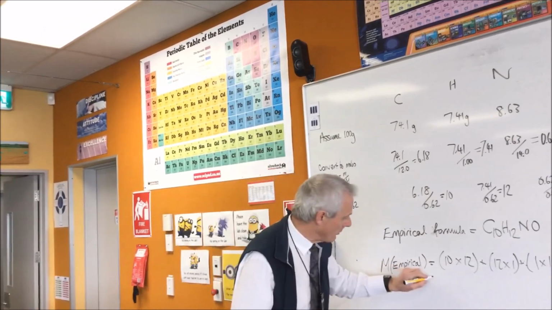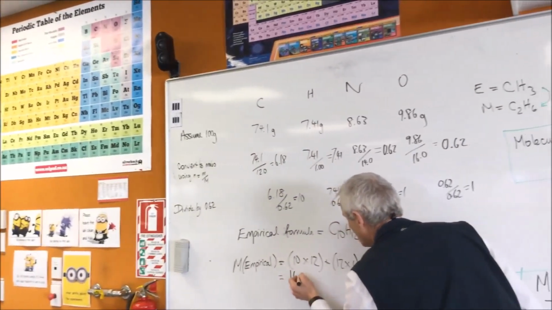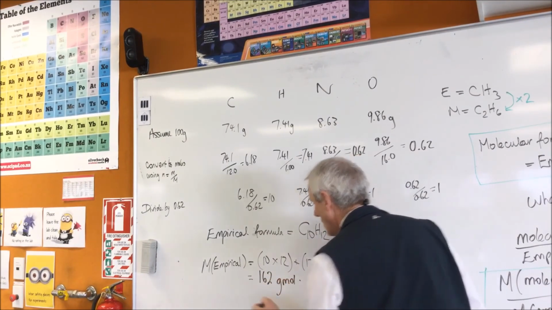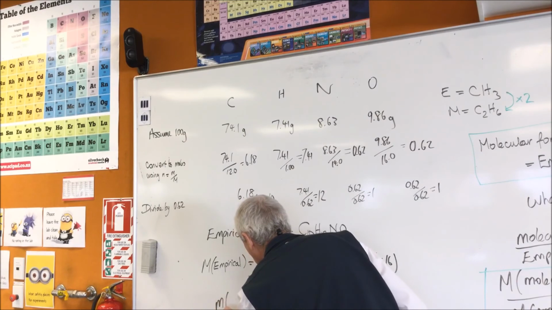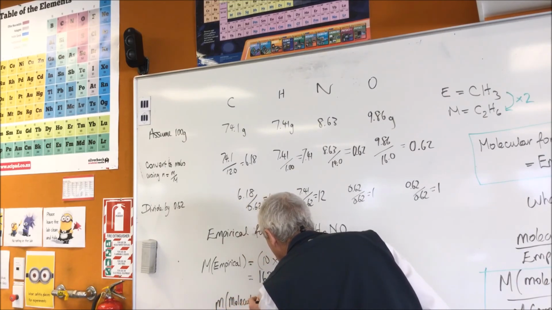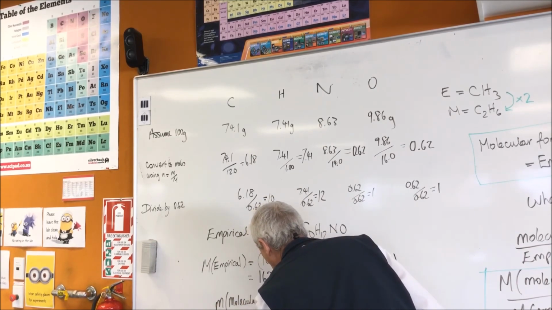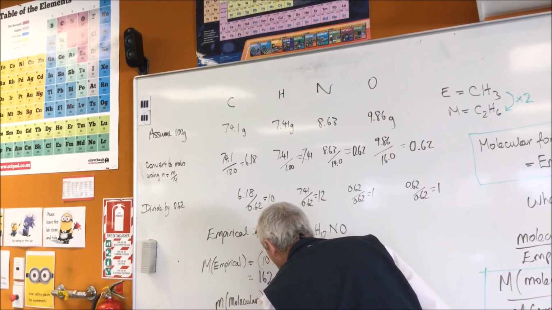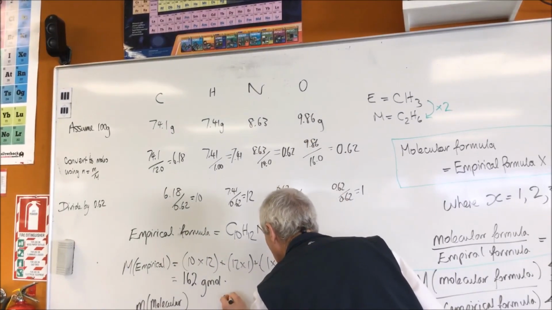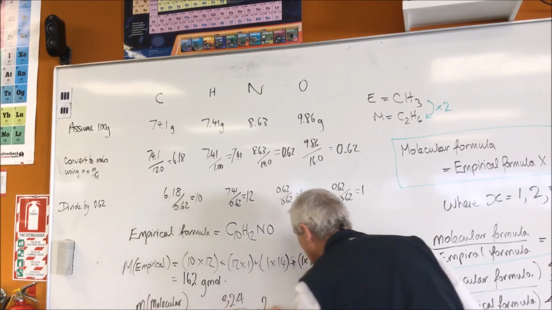Somebody could quickly tell me that. 162 grams per mole. And so M molecular divided by M empirical is 324 divided by 162, which is 2.